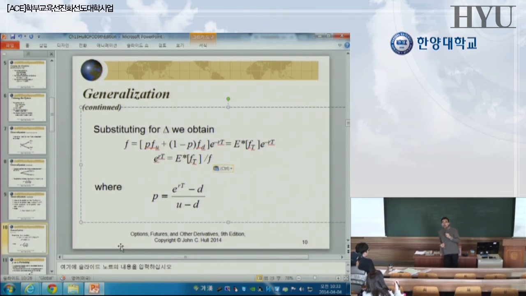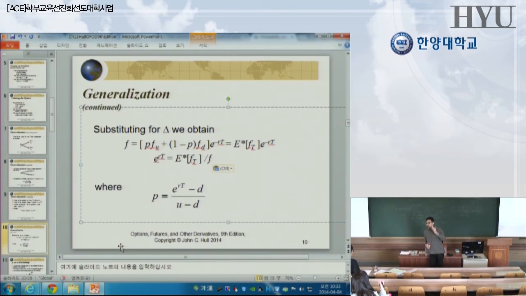Suppose we have Samsung Electronics, and we have the possible future returns of its stock price. If the worst possible return of Samsung Electronics is higher than the risk-free rate, what would happen? Yes, there is an arbitrage opportunity.